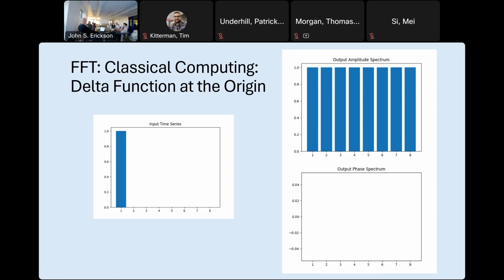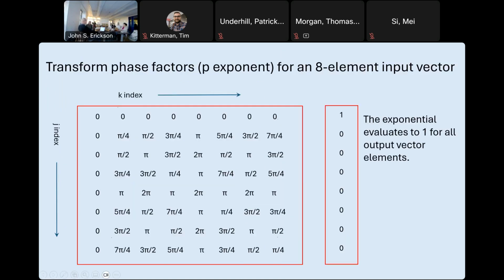Yeah, cabs. But it's just the square root of the sum of the squares. The phase spectrum is the arctangent, at least in my world, minus the arctangent of the imaginary divided by the real. Okay. And you see the phase spectrum is basically 0. And we'll see here why it is. Here's the input vector, 1 and all zeros.